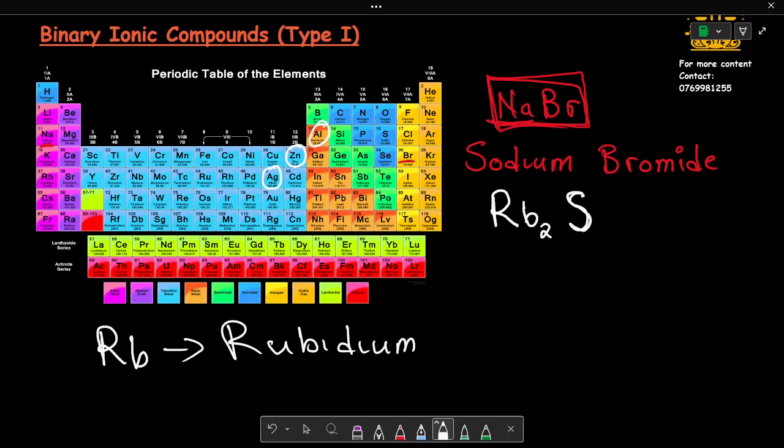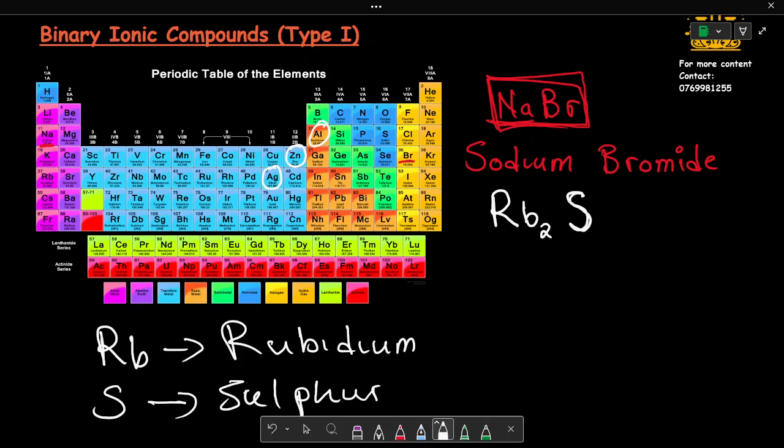Let's find S. S is a non-metal from group 6, and it is sulfur.